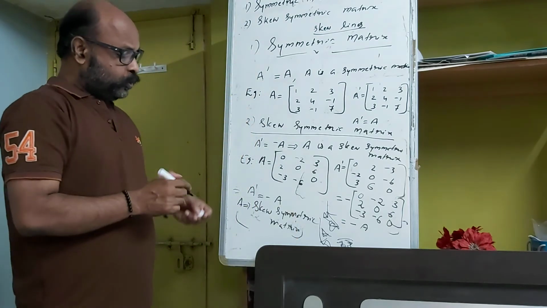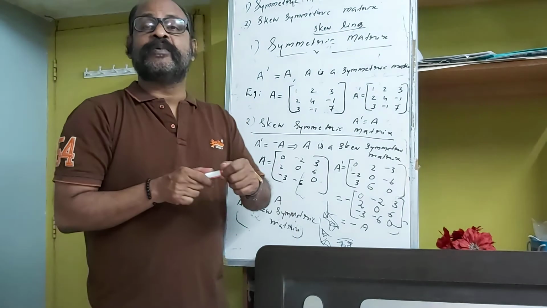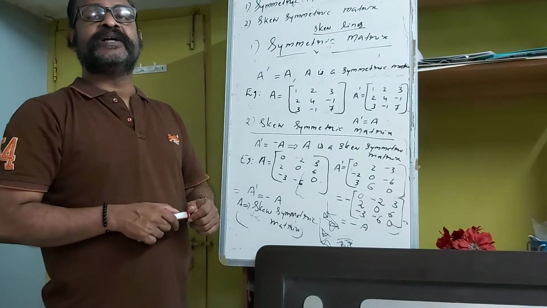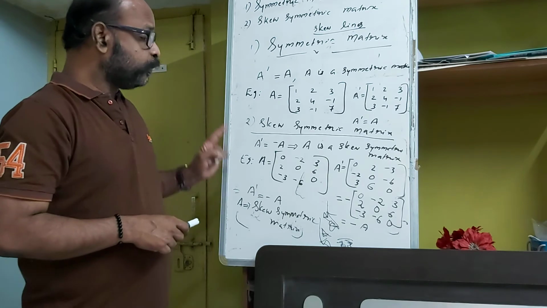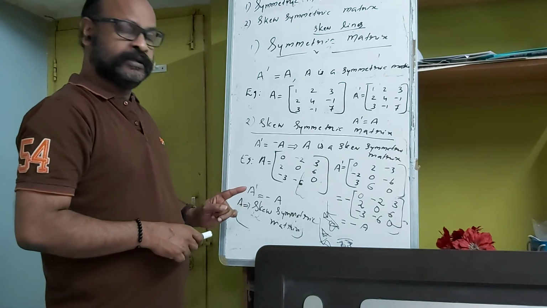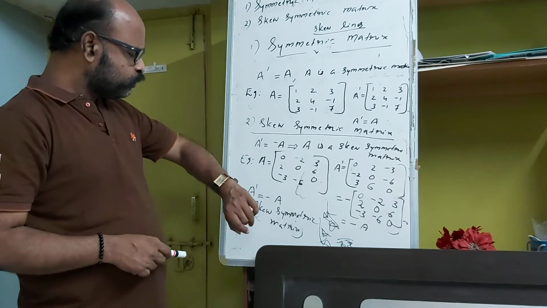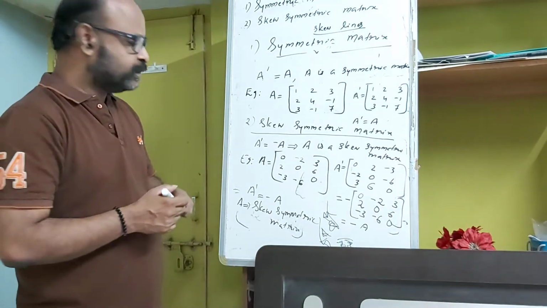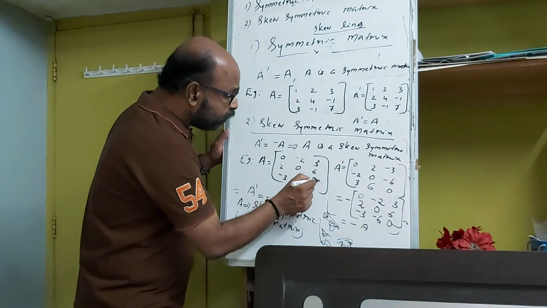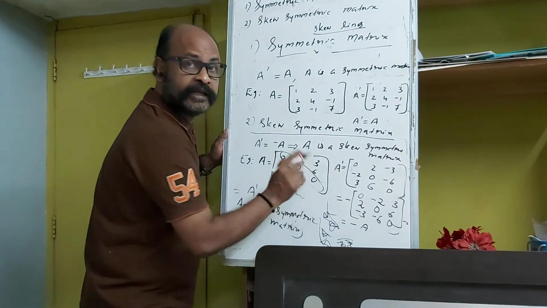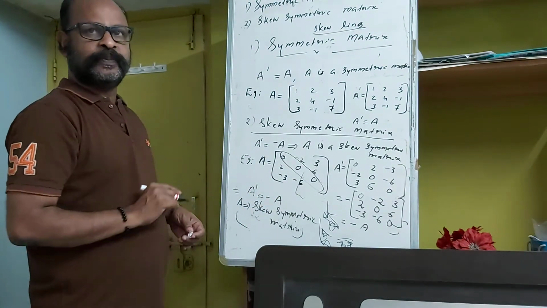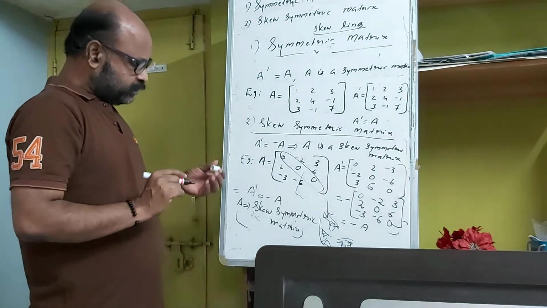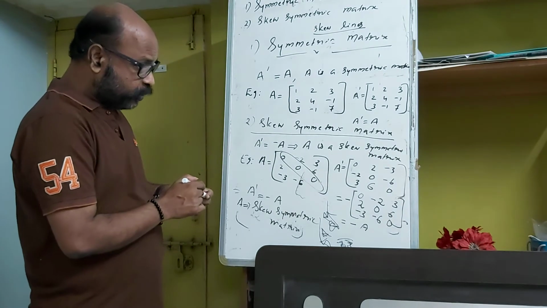Okay, so we discussed an example for a skew symmetric matrix. The most important property to remember is that for a skew symmetric matrix, all the principal diagonal elements are 0. So just remember that property.